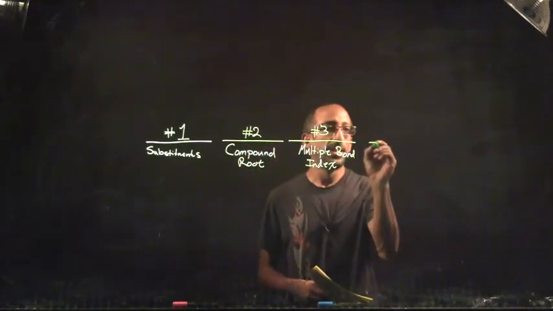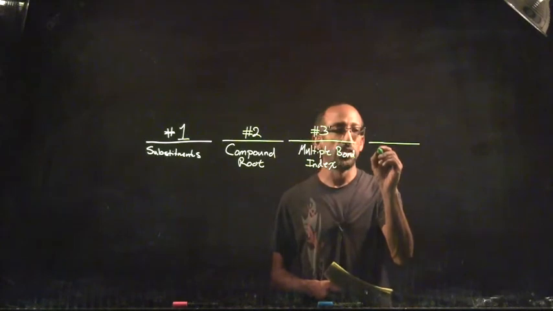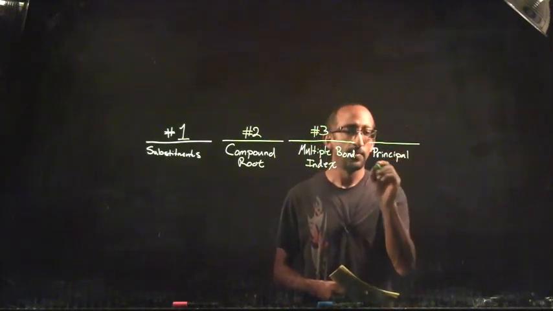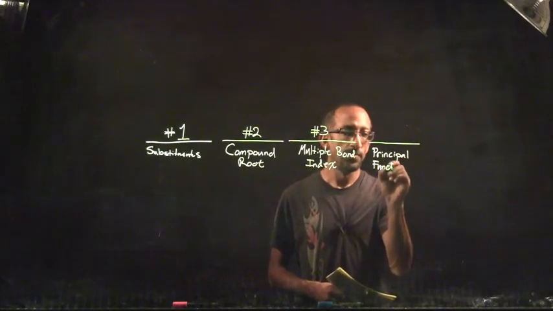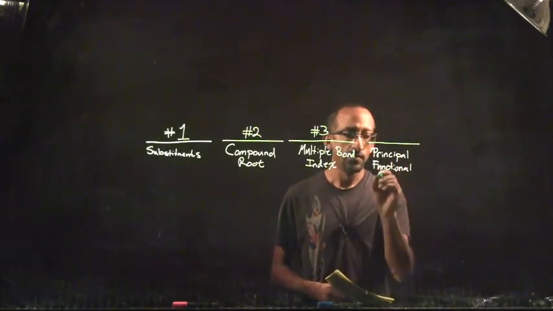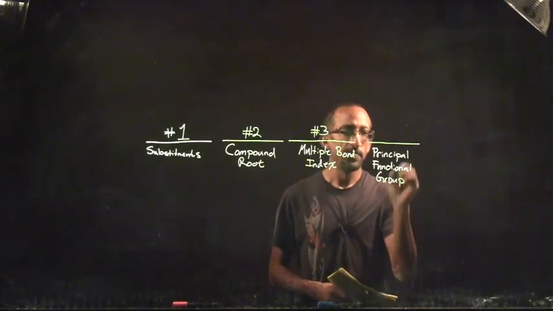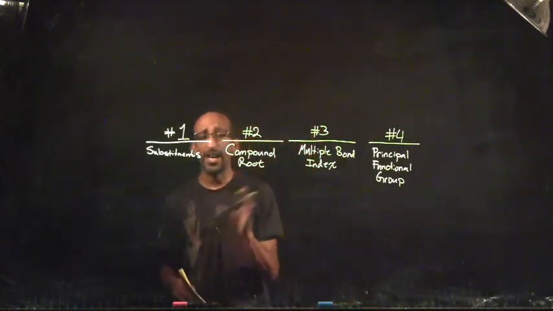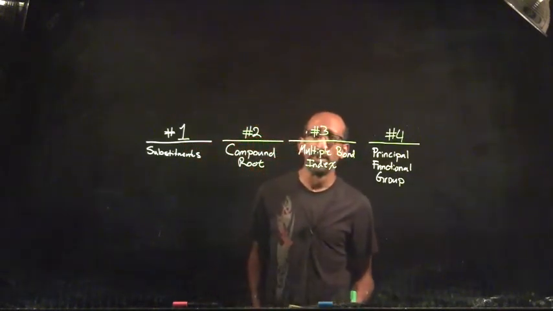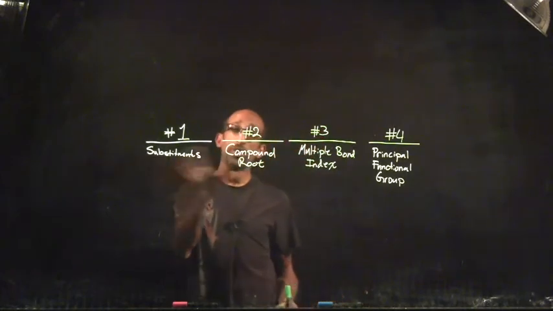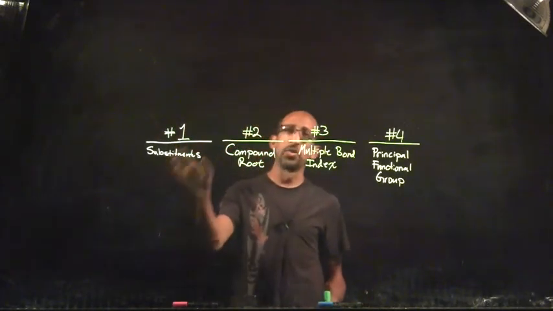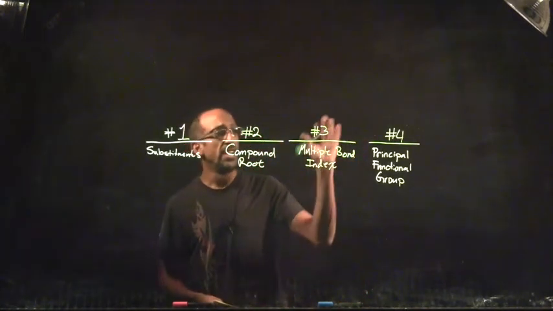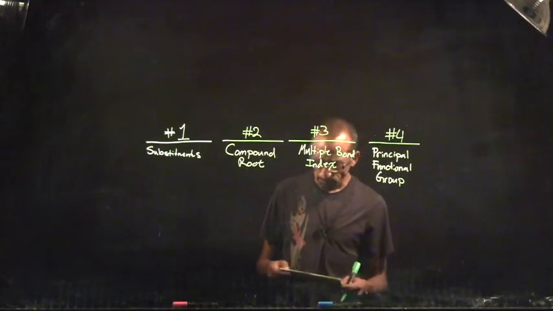And finally, the principal functional group. And this is field number 4. So anytime you see an IUPAC systematic name for an organic molecule, you can break that name down into 4 zones or 4 parts. Substituents at the beginning, compound root following that, multiple bond index third, and finally the principal functional group.